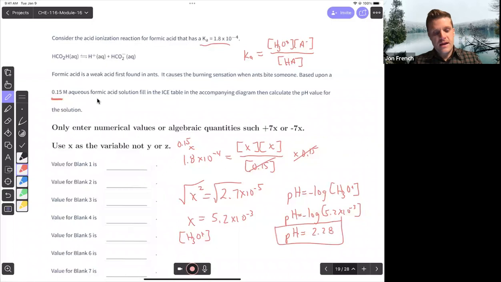Right, so formic acid, this is at equilibrium, Rochelle. There is a reaction, and that's why there's an equilibrium. It's going back and forth. So we've got some formic acid, some of it ionizes, forms the conjugate base, some of that conjugate base reacts in the reverse direction. So we have that equilibrium because it's reacting in both directions.